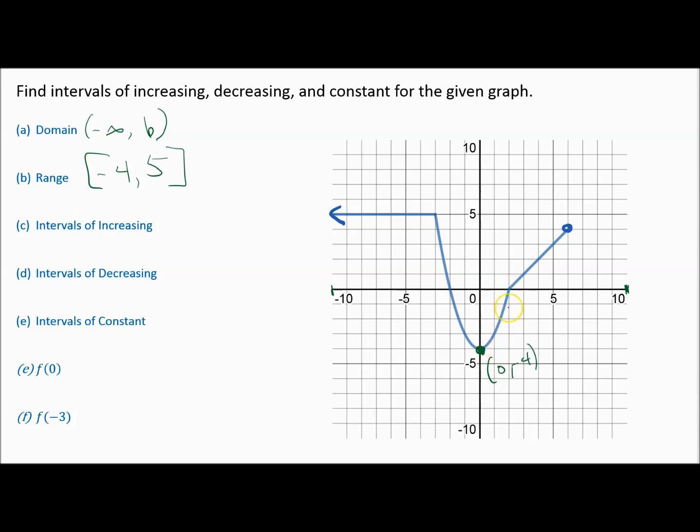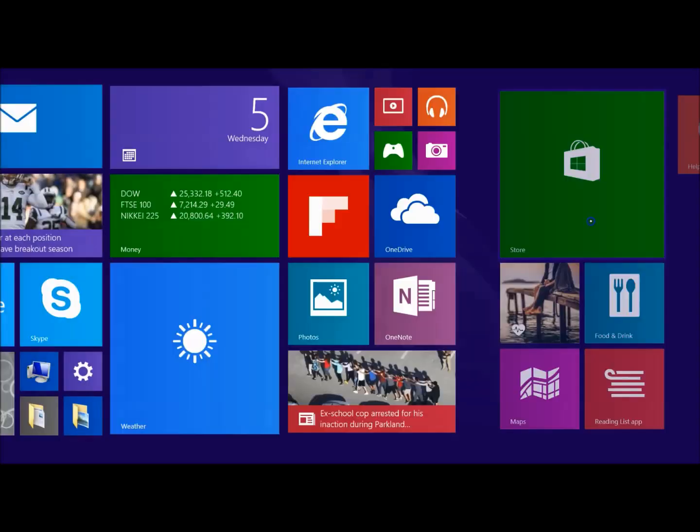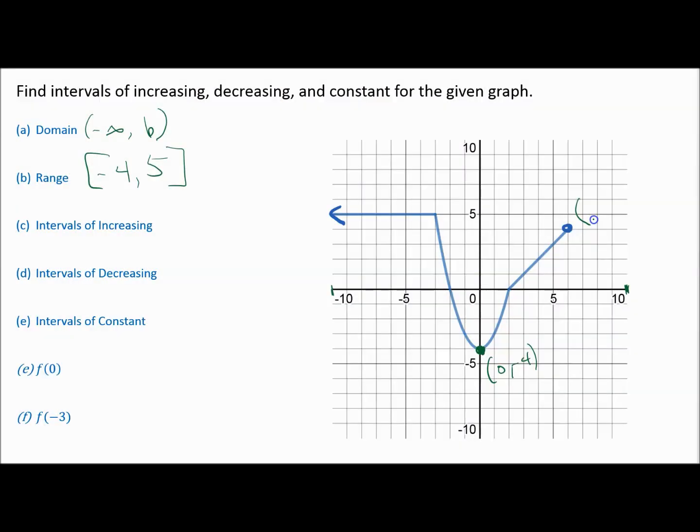Now it rises as a curve and then turns into rising as a straight line, but it is rising that entire time. It doesn't matter that it's a different form that it's rising in, okay? Now this point right here, oh, forgive me, this point right here, the open circle, is at 6, 4. So I'm going to label that 6, 4. So my graph is increasing over this entire interval right here, okay?